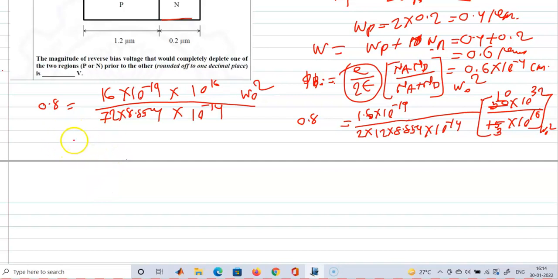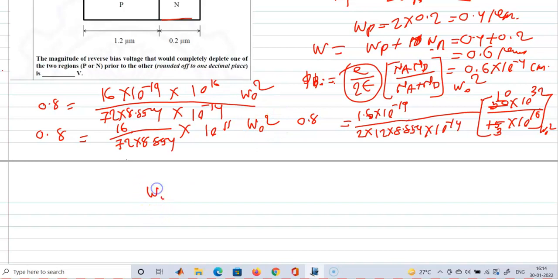One step more, then it is a little bit simpler: 16 upon 72 into 8.854, and the powers of ten combine to 10 to the power 11, times W0 squared.